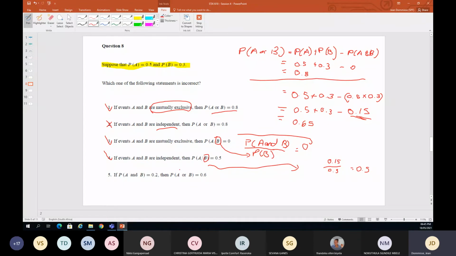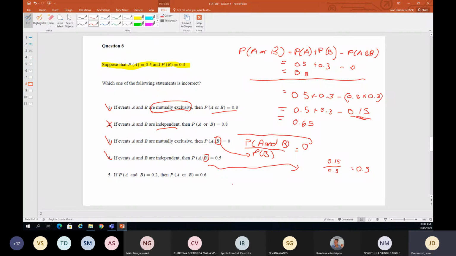Then the last one is nearly a combination of the two. So if A and B is equal to 0.2, then basically it tells us it's not mutually exclusive for this one. So if A and B is equal to 0.2, then probability of A or B is equal to 0.6. So we can basically use that formula again.